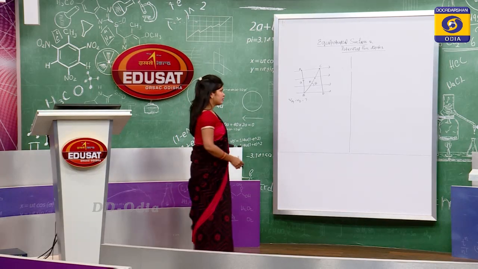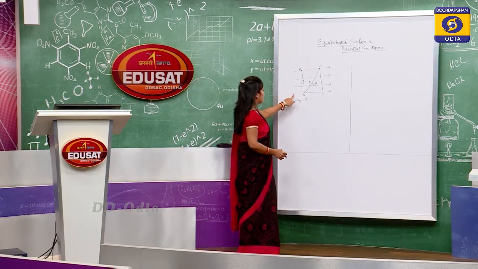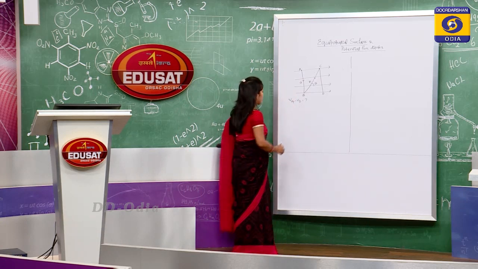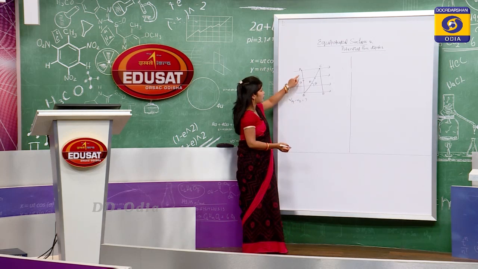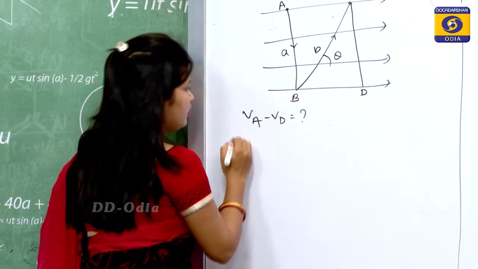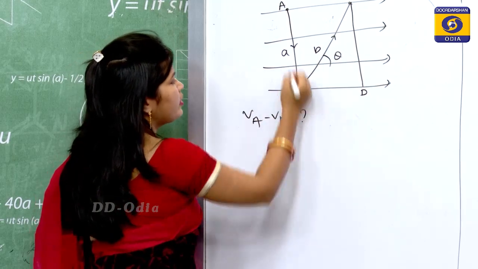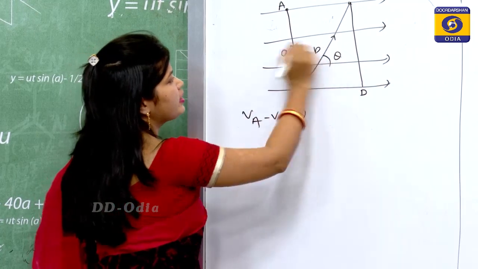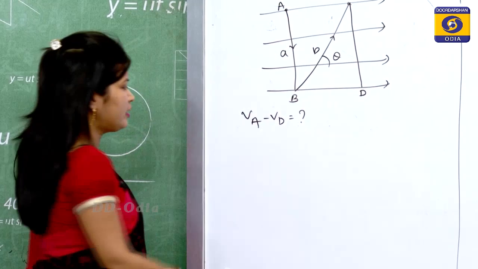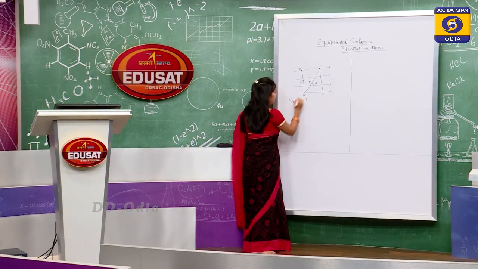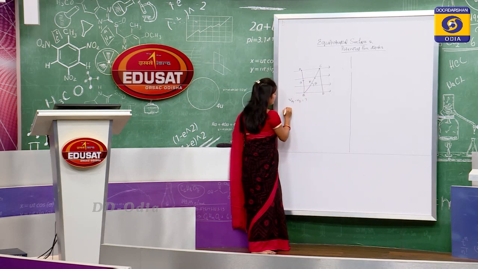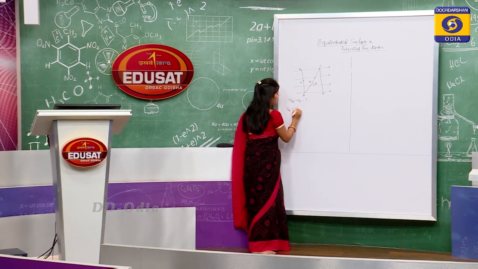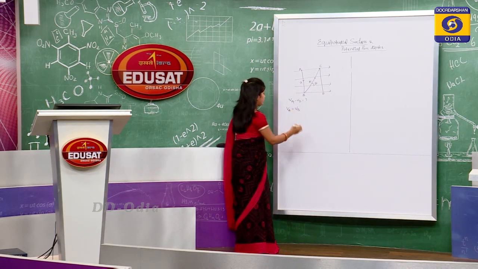Now we will solve this problem on equipotential. So, we have to find this potential difference between the 2 points D and A. So, you know that AB is an equipotential line as it is perpendicular to the electric field. So, that means at every point on an equipotential line the potential is the same. So, VA is equal to VB.